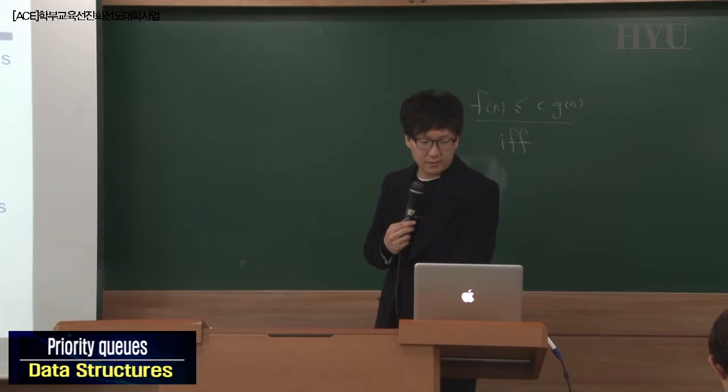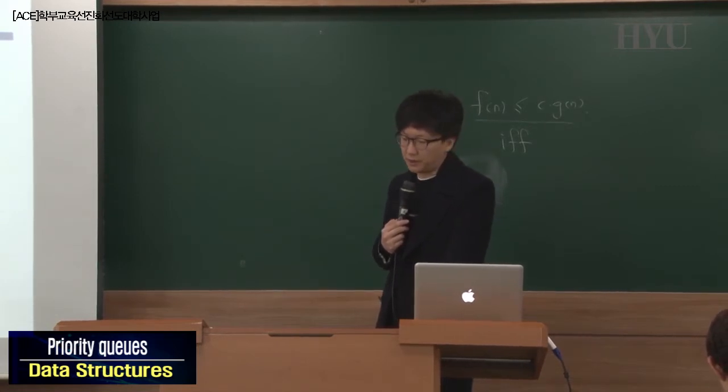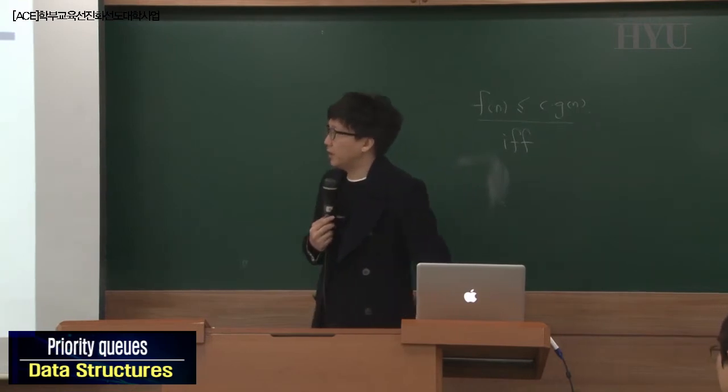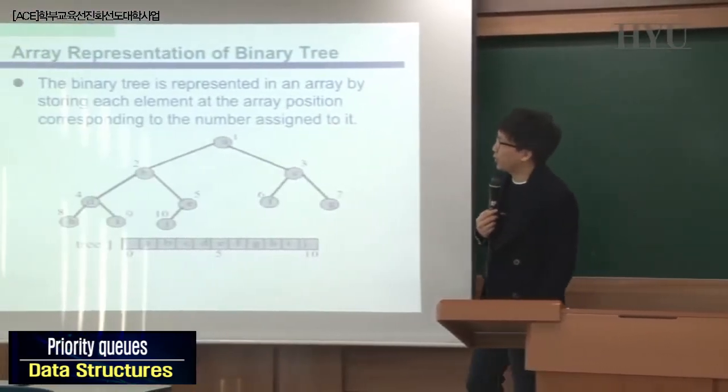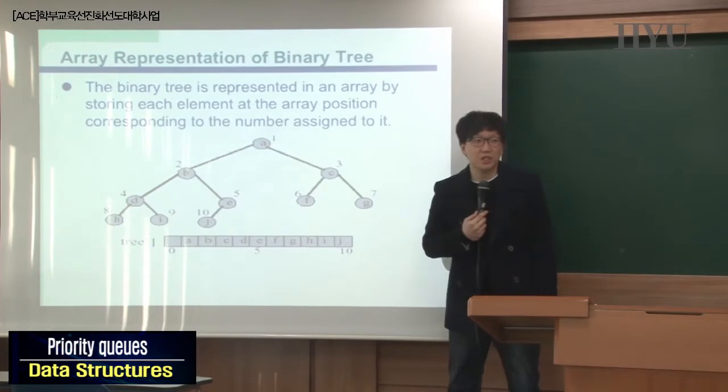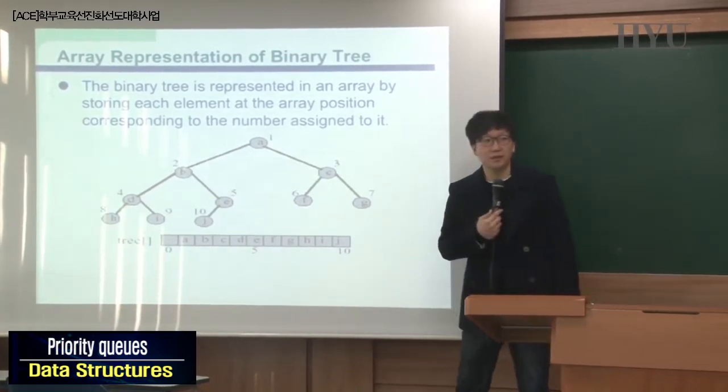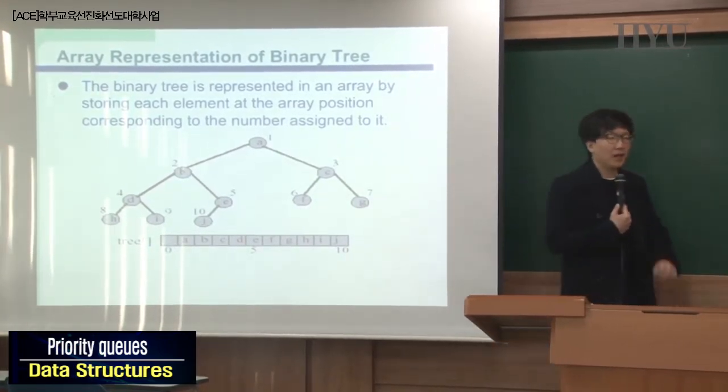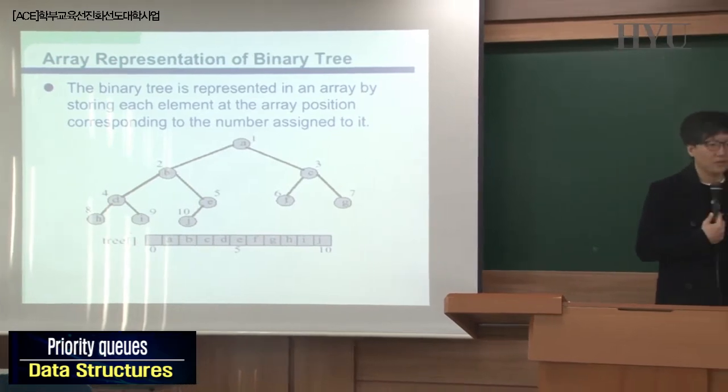Just in case. So we discussed array-based representation, and you simply place each node into the index in the array according to the number you give to it. There were some questions: why are we skipping 0?